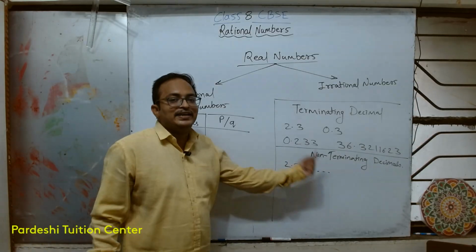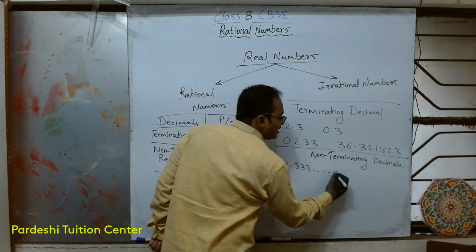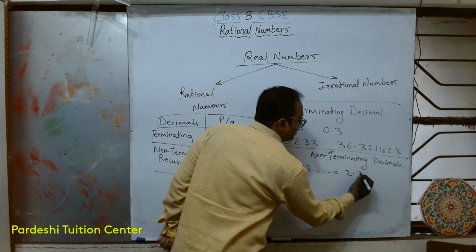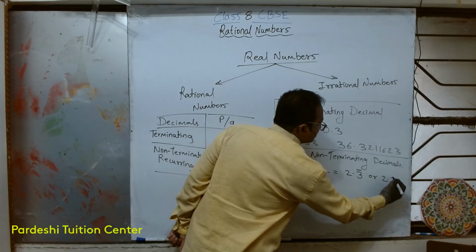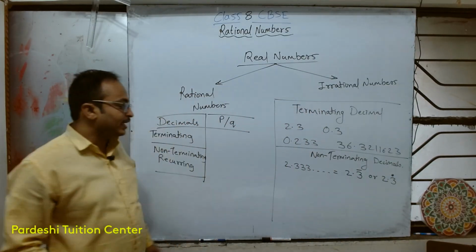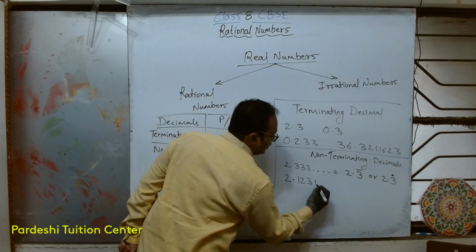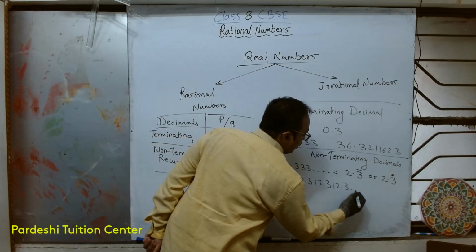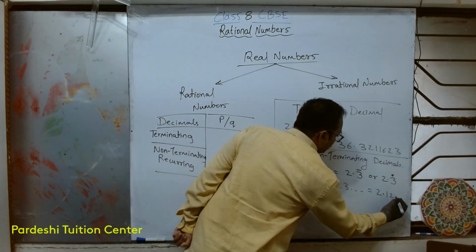It is repeating 3, so we can write it as 2.3 and add a bar. Next, I can also write 2.123, 123, 123 and so on. So I can write it as 2.123 bar.